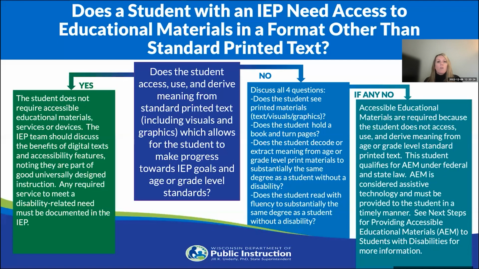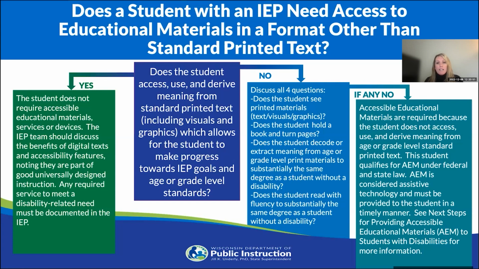Does the student decode or extract meaning from age or grade level print materials to substantially the same degree as a student without a disability? Or does the student read with fluency to substantially the same degree as a student without a disability? Notice I said or in between each of those questions, because if the answer is no to one of them, then you move to the far right. So again, if any of those answers are no, we move to the far right.